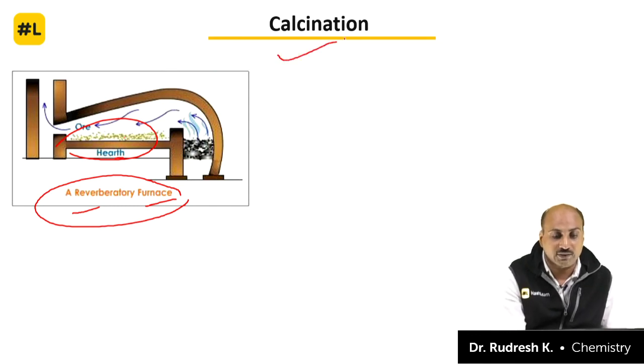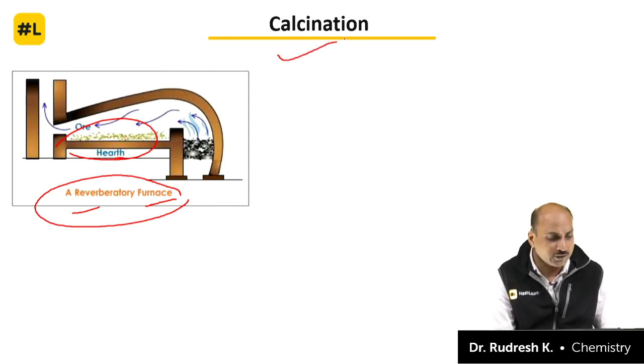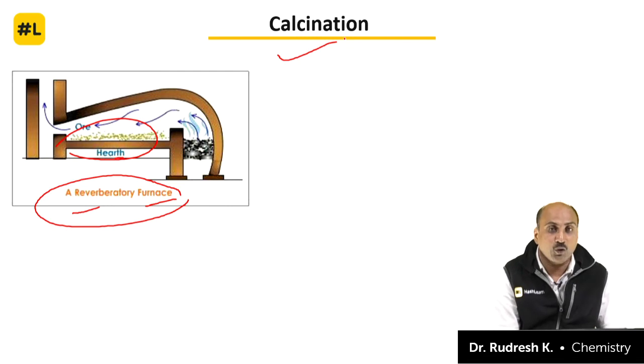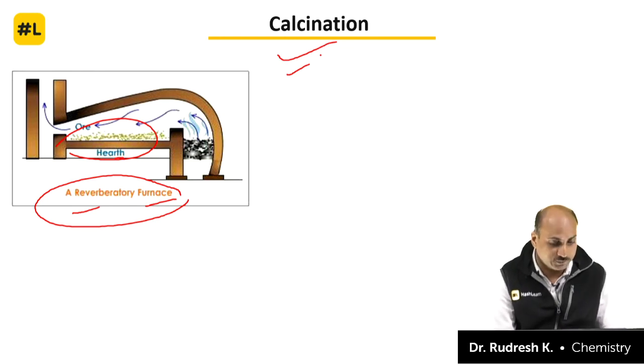That is why this is called calcination. Calcination is a process in which the ore is heated below its melting point in a limited or less supply of oxygen, indirectly.